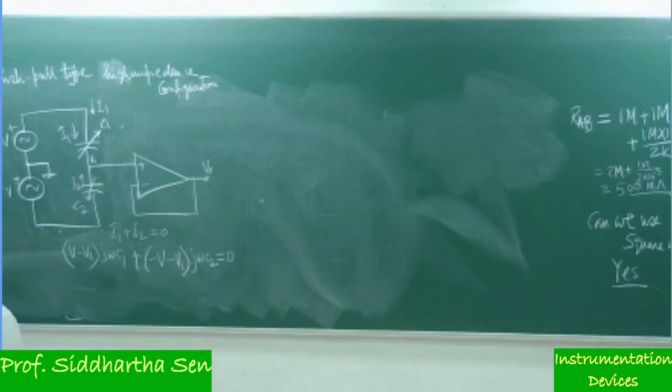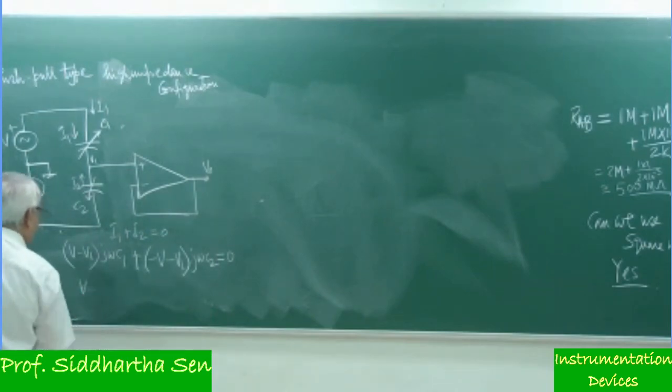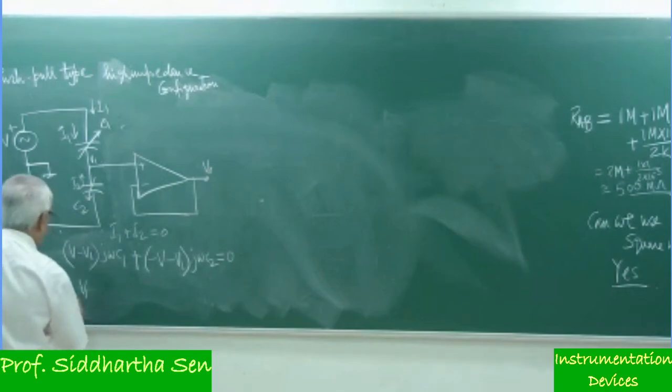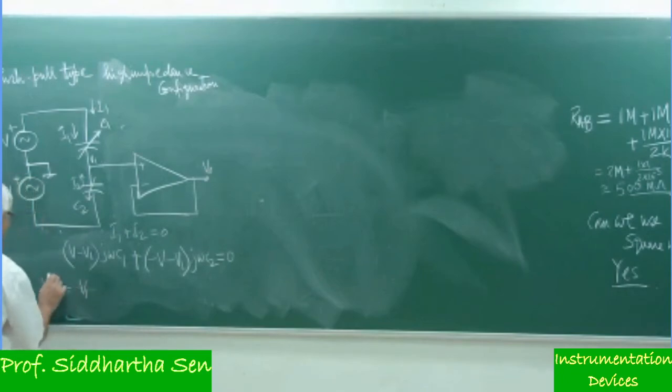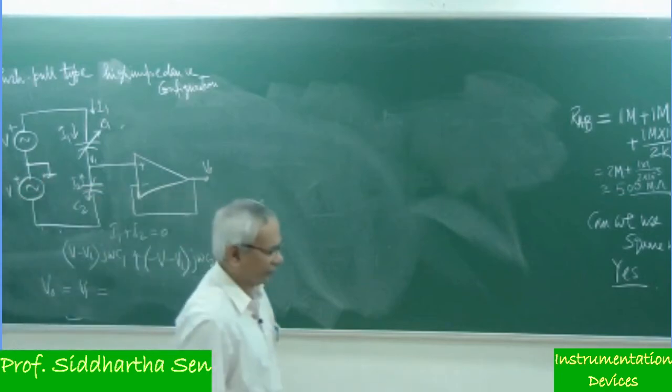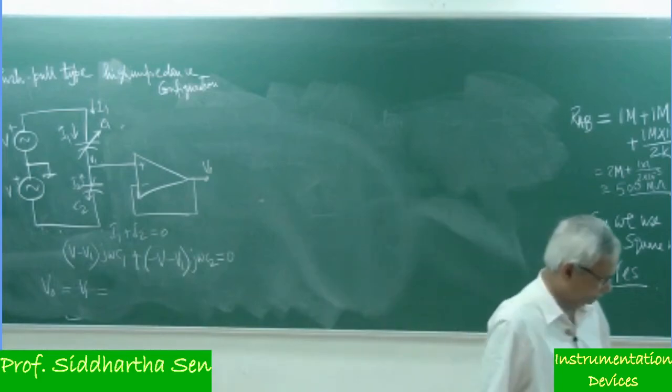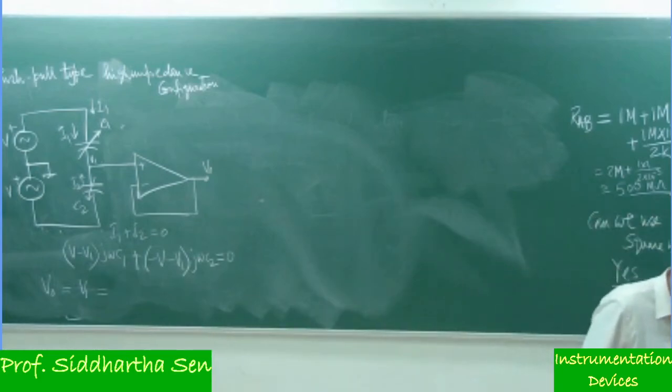So what is the value of V1? Which obviously will be equal to V0. What can you find out? Solve it. What is the value of V1? Sorry, rather V0 or V1?